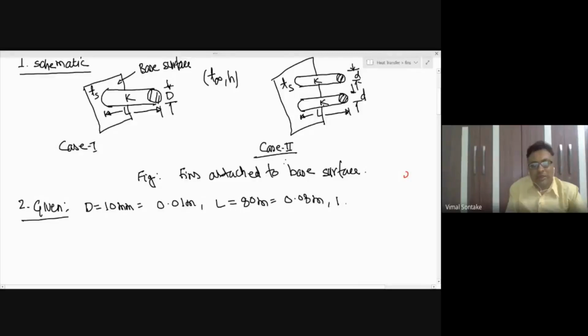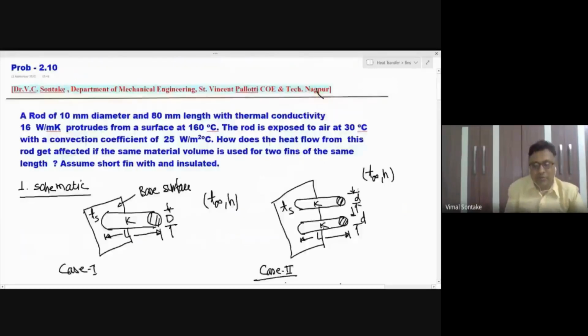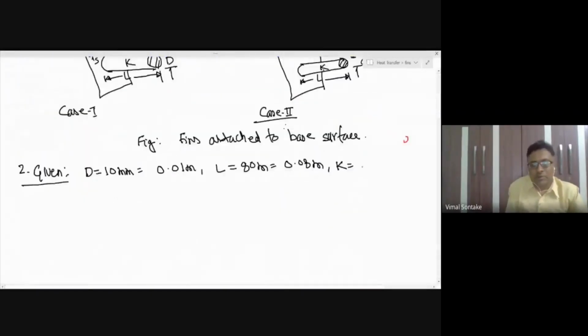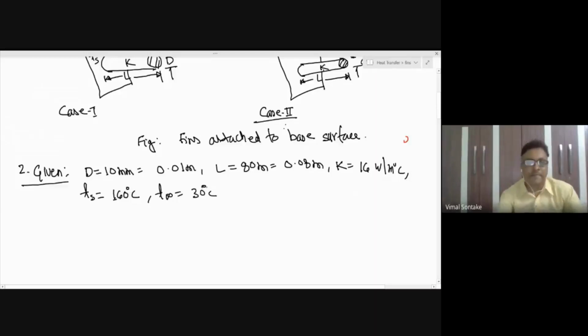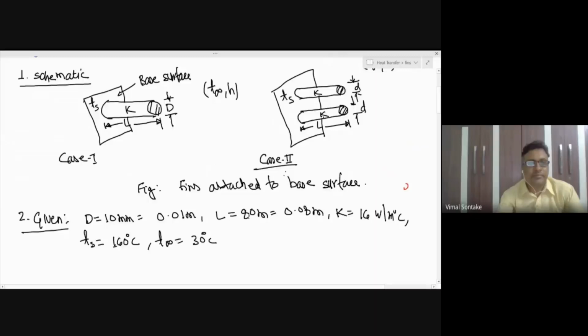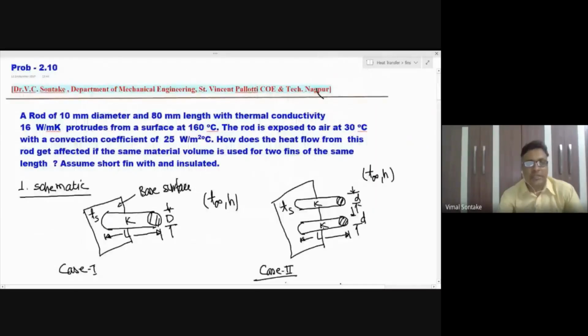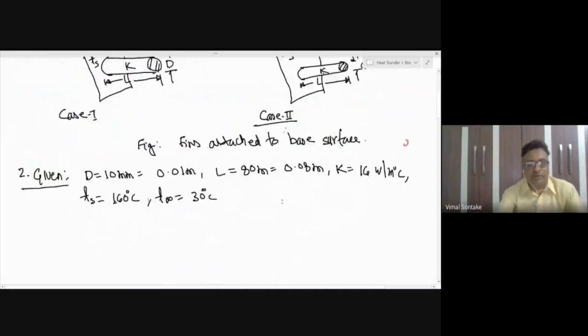Thermal conductivity of the material of the rod 16 watt per meter degree Celsius. Base surface temperature is 160 degrees Celsius. Surrounding temperature is 30 degrees Celsius. h value is 25.